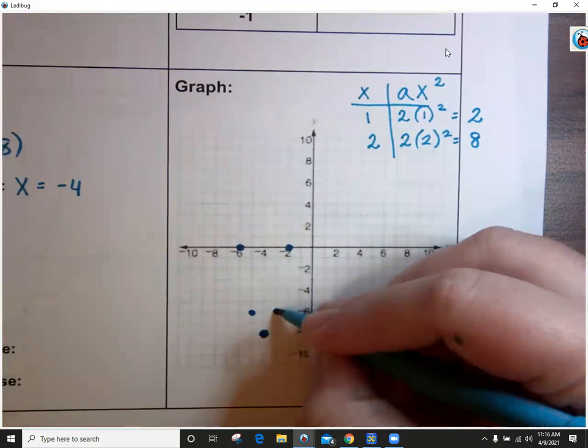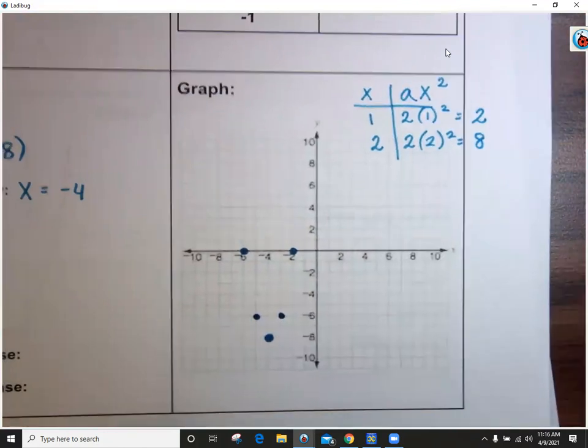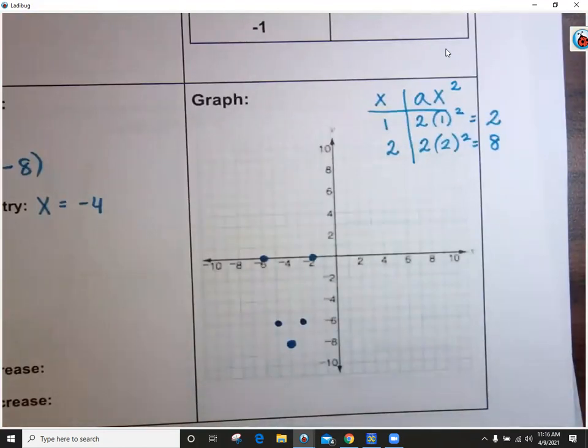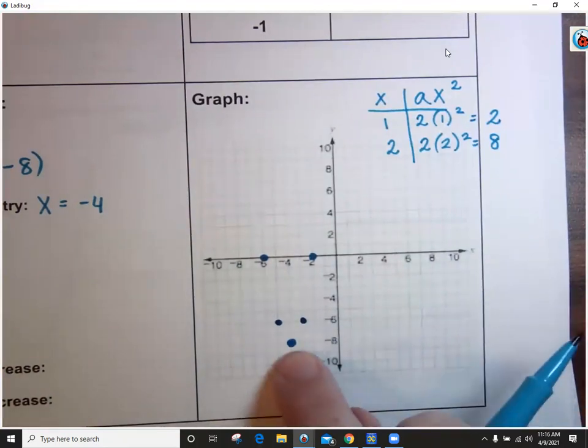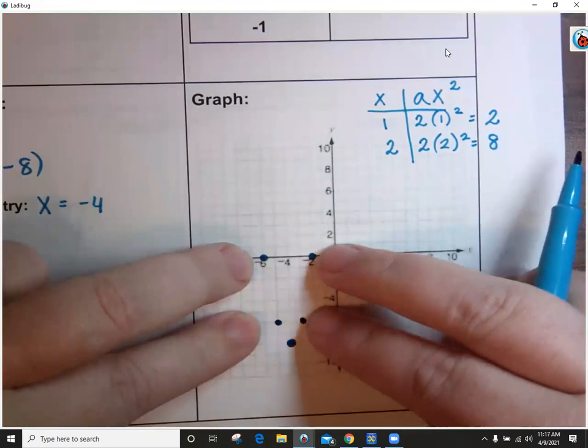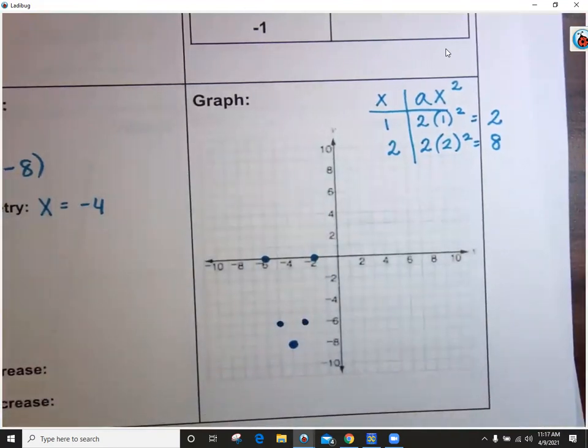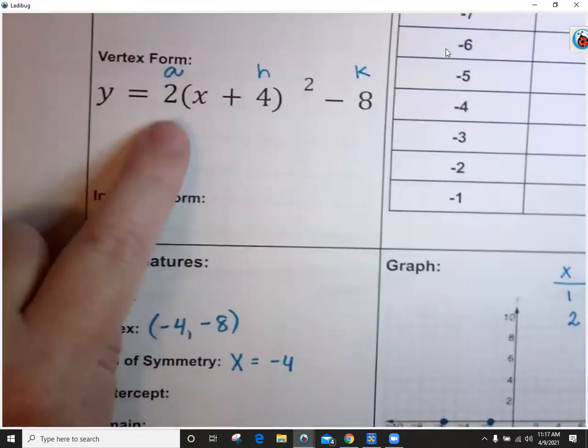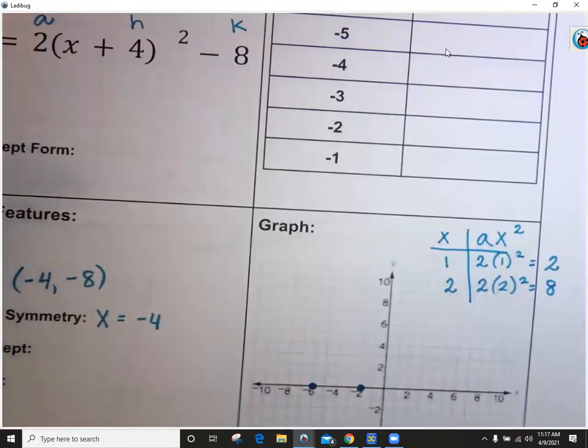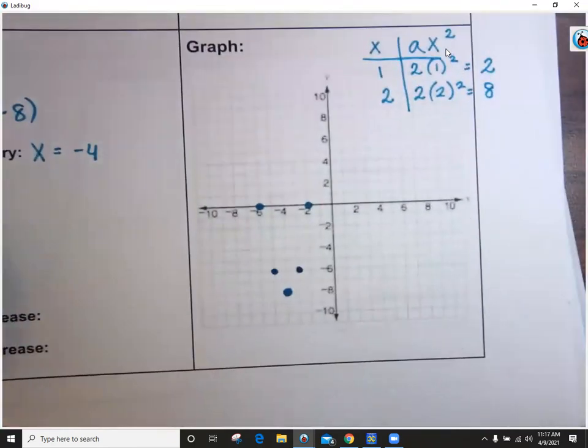When I'm looking at your test next week, I want to see 5 good points on your graph, the vertex and 2 on each side. If that won't fit, if it had a really big a value here and you couldn't fit 5 points, then 3 is okay.